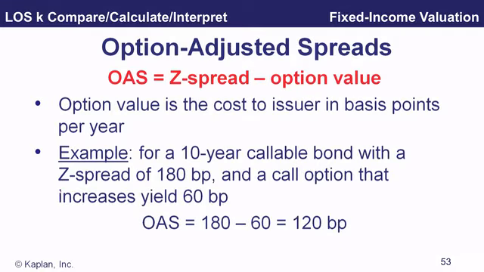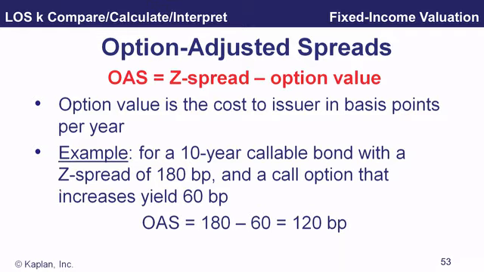So for example, consider a 10-year callable bond with a Z spread of 180 basis points and a call option that increases the market yield 60 basis points compared to an otherwise identical bond without a call feature.